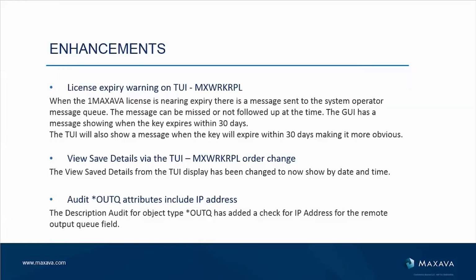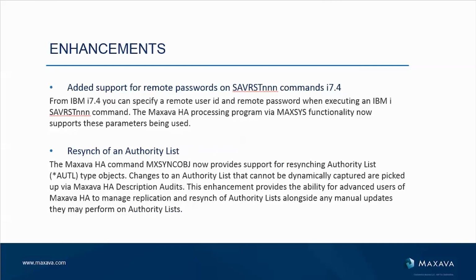Additional enhancements. Audit of OutQ attributes include the IP address. The description audit for object type *OutQ has added a check for IP address for the remote output queue field. Enhancements. Added support for remote password on save restore commands at i7.4 and above.